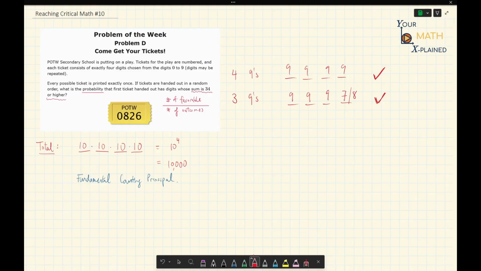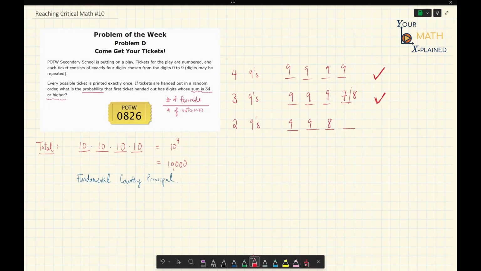So we've tackled 4 9s, we've tackled 3 9s, we're going to tackle 2 9s next. If we have 2 9s, so let's just say we have 18 there, what are some of the other possibilities? Well, I don't want another 9 because then it would fall into the previous category. So let's try the next best number.